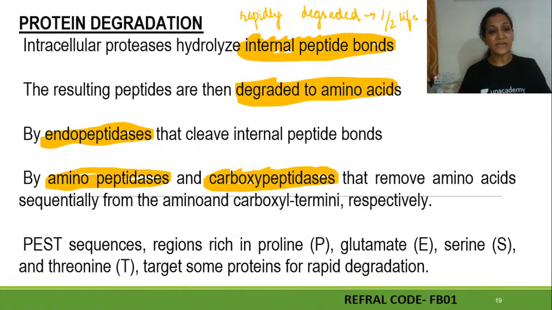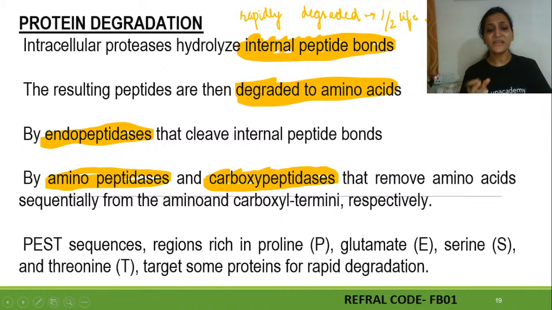Aminopeptidases start cleaving the chain from the amino terminal, and carboxypeptidases start cleaving the chain from the carboxy terminal, right? So this is your protein degradation, internal degradation, and when internal degradation has occurred, the amino acids are freed out. That occurs with the help of aminopeptidases and carboxypeptidases, right?